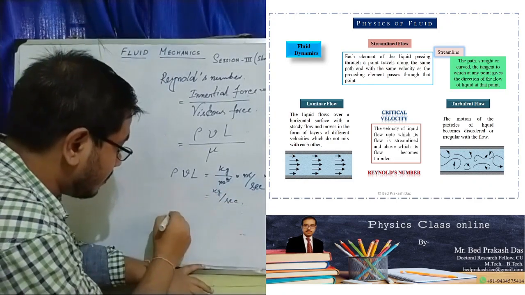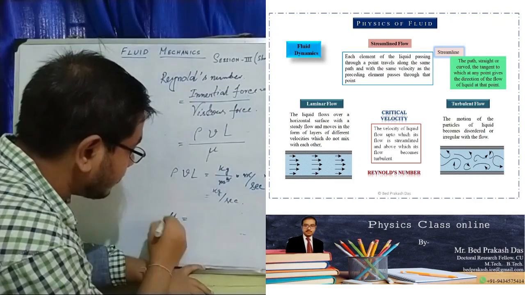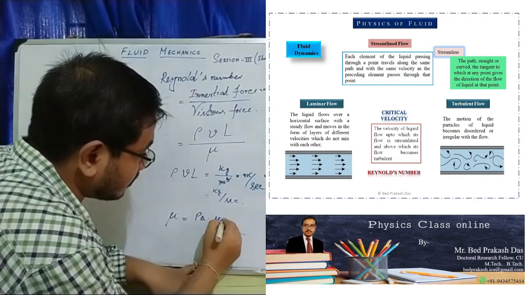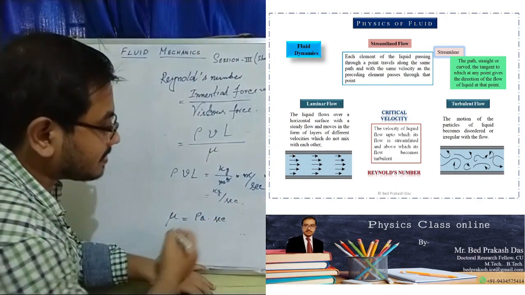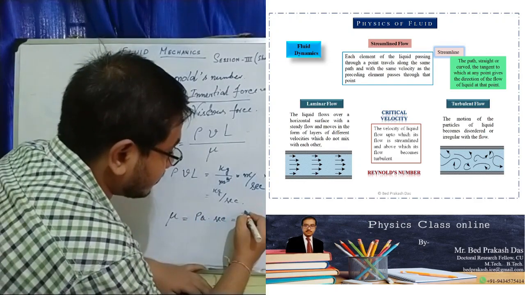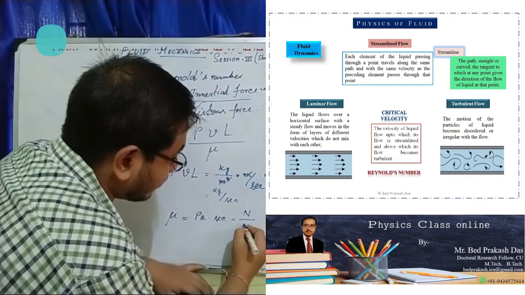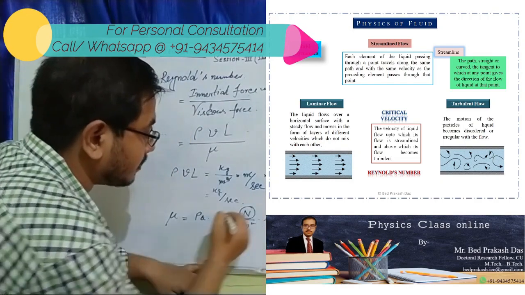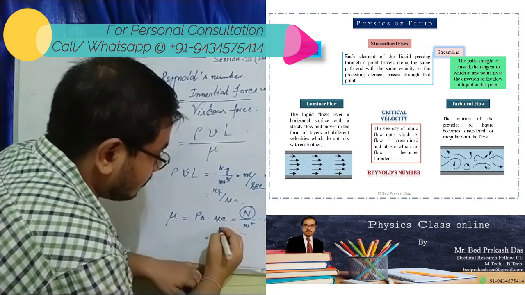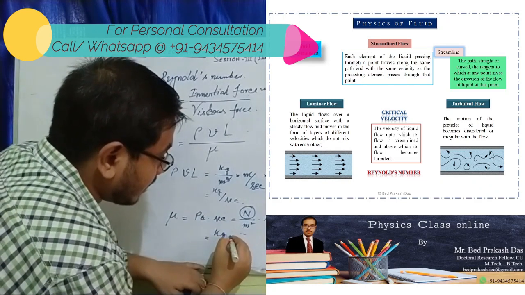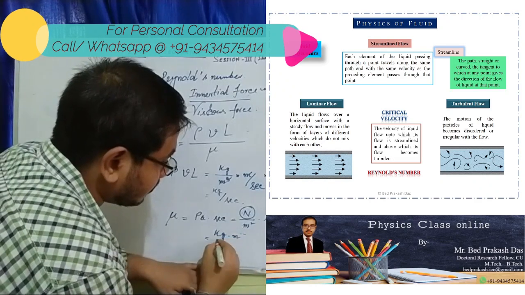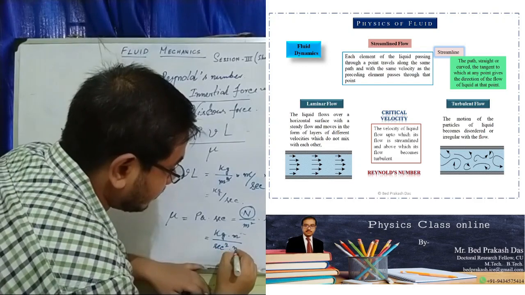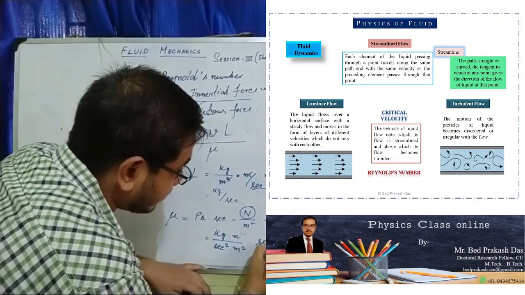Now in the denominator, what is happening? Mu, the viscosity, can be defined as Pascal second. Pascal can be defined as Newton per meter square into second. Now this Newton can again be derived as kg meter per second square, into meter square into second.